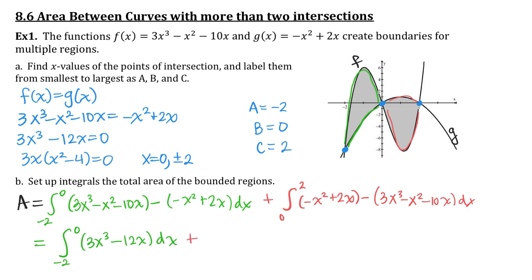Plus the area from 0 to 2. Negative 3x to the third minus x squared plus x squared cancel, and then I have 2x plus 10x plus 12x dx.